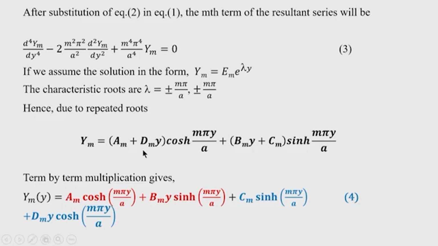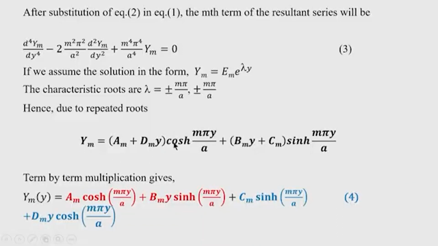But interestingly you can see, because of the cosh function and sinh function, and when it is multiplied by the function y, different characters of the function will be reflected. Now, let us see first, say if I multiply A_m with cosh(m pi y by a), cosh(m pi y by a) is a symmetric function.